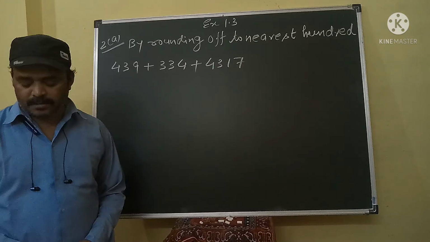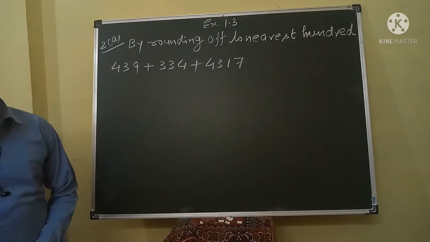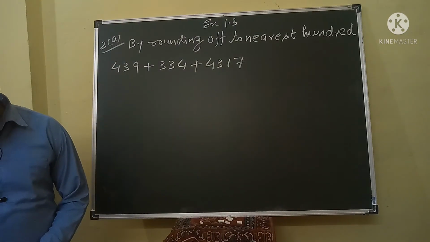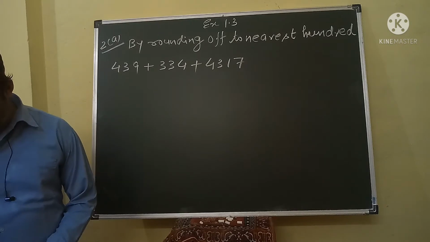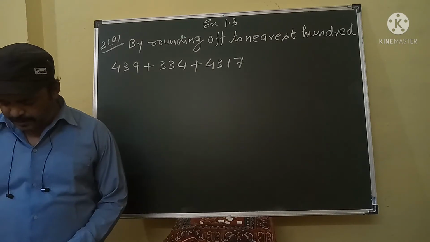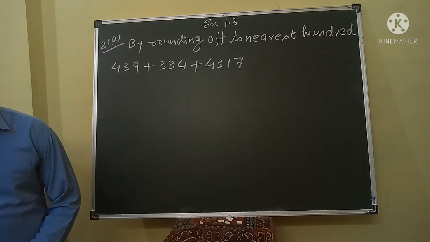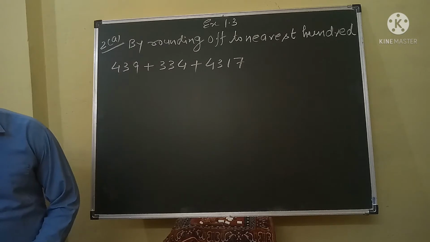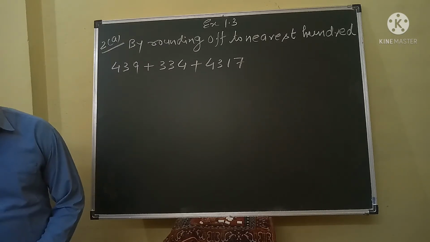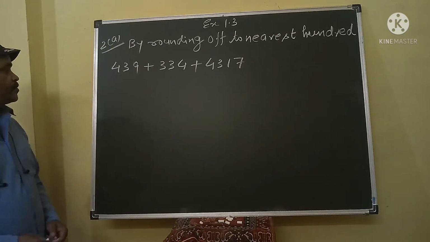My dear student, your question number 2 is: give a rough estimate by rounding off to the nearest 100, and also a closer estimate by rounding off to the nearest 10.